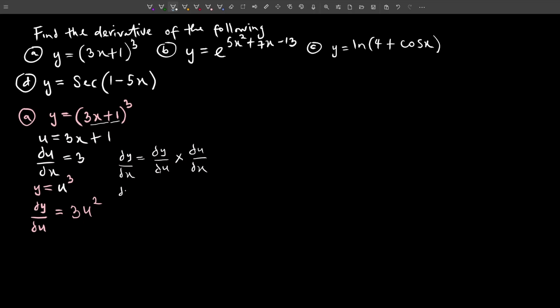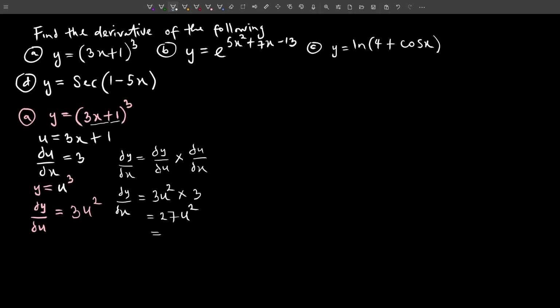So if we simplify, dy/du is 3u squared, times du/dx, which is 3. Multiplying 3 times 3 will give me 9u raised to the power 2.